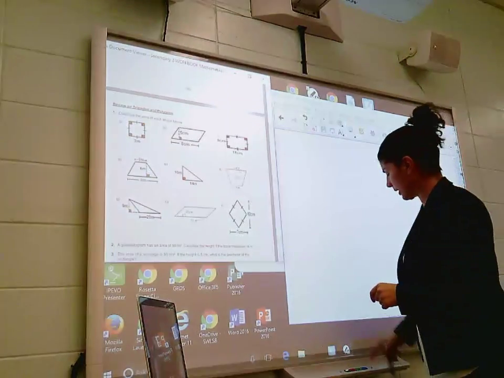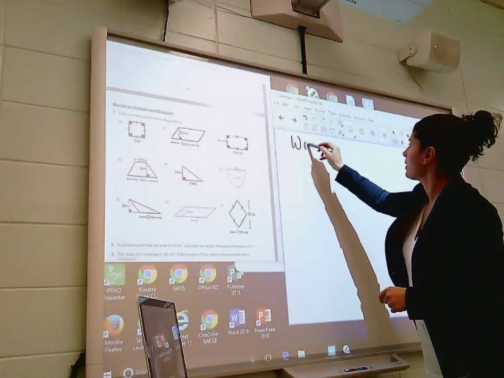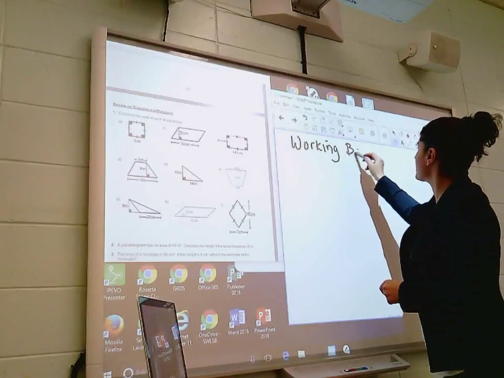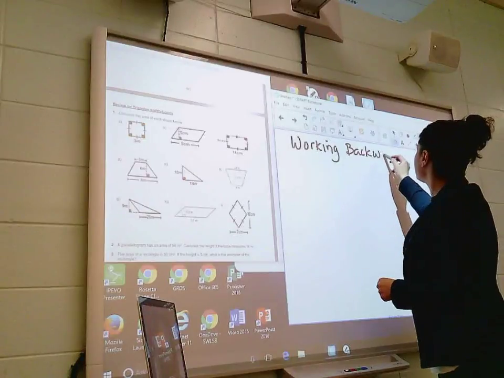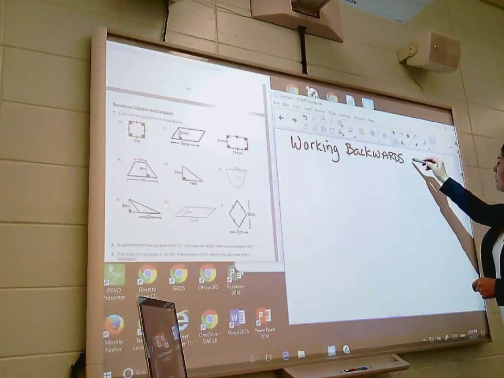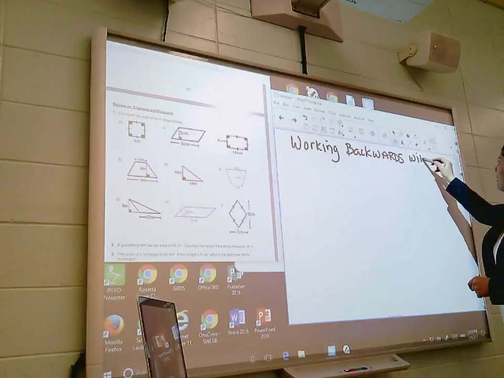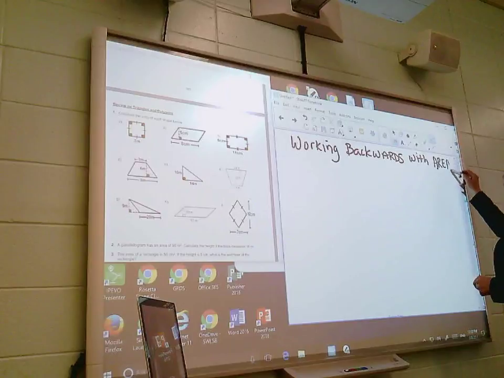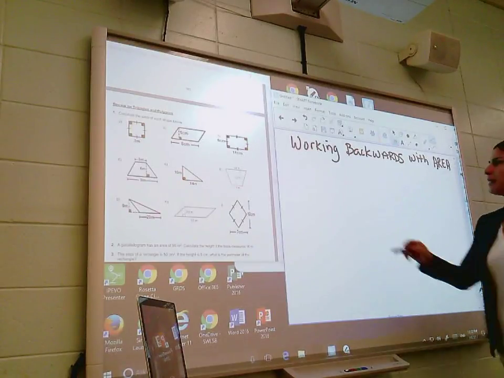The title is Working Backwards. Working backwards with area. So write that down as your title. So the question will look like this.